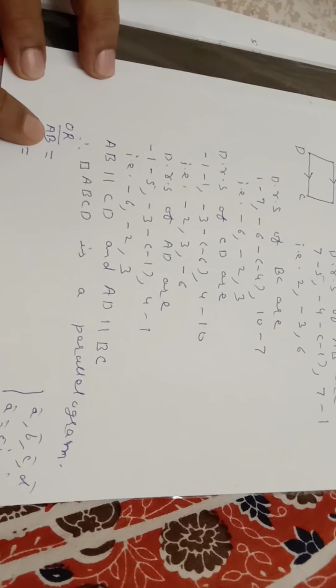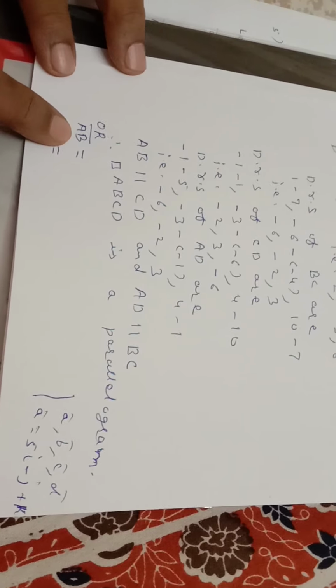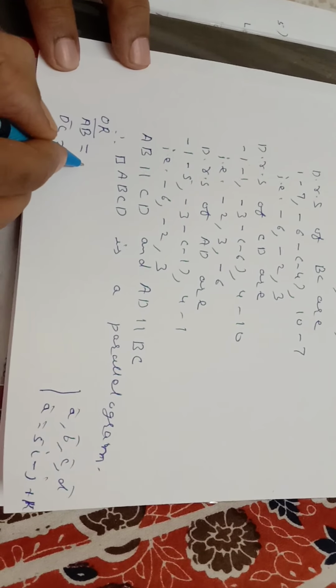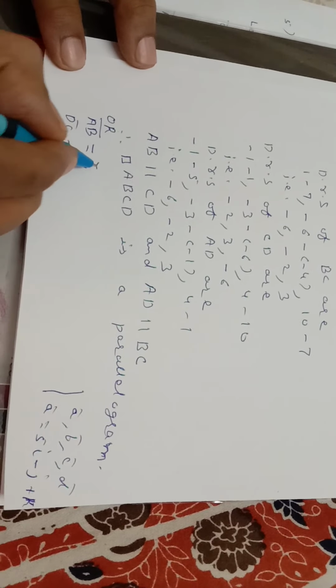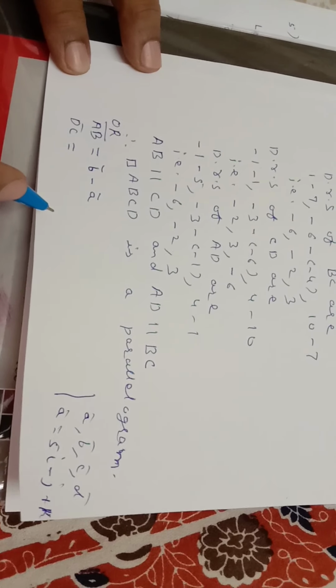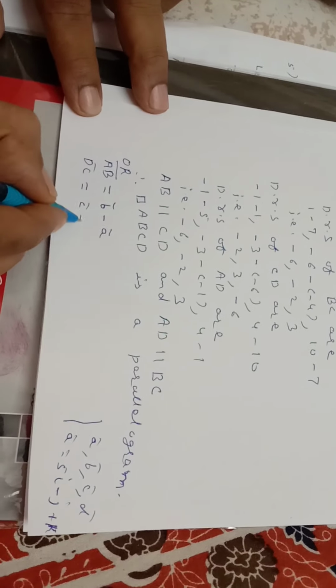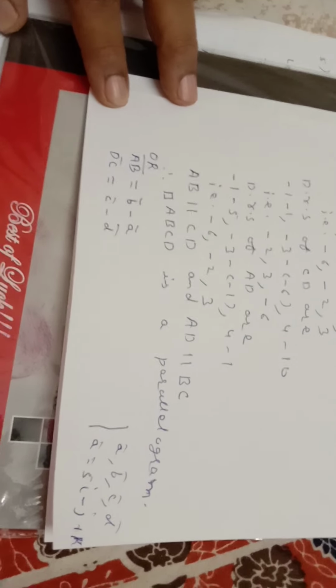Now, vector in space, AB bar. As A is initial point, B terminal point, vector in space is position vector of terminal point minus position vector of initial point. DC bar, C bar minus D bar.